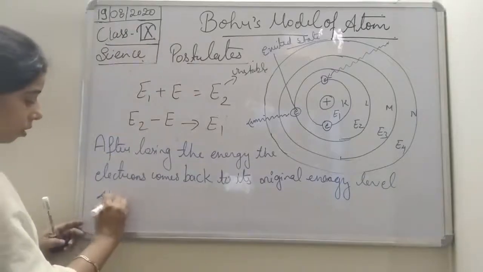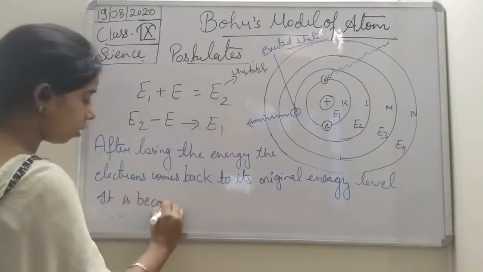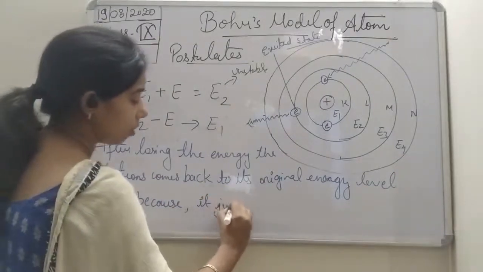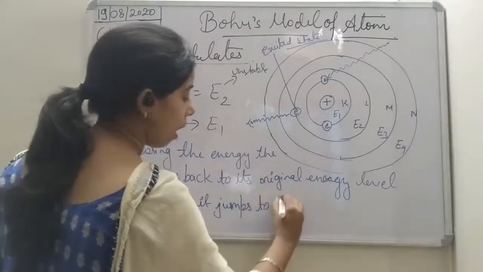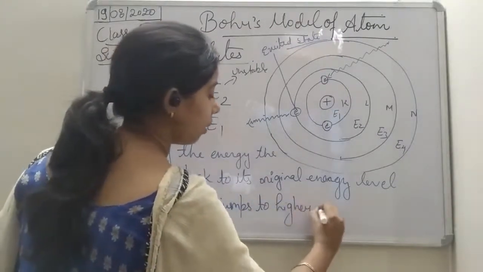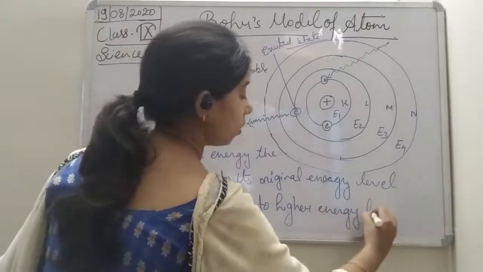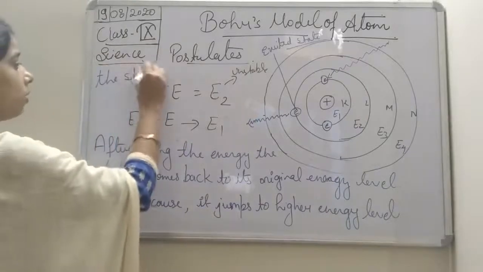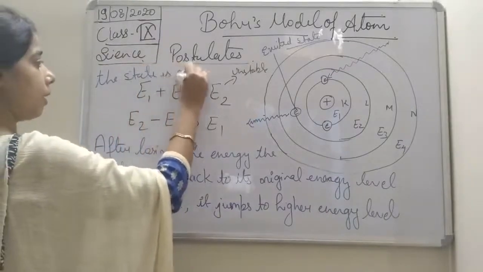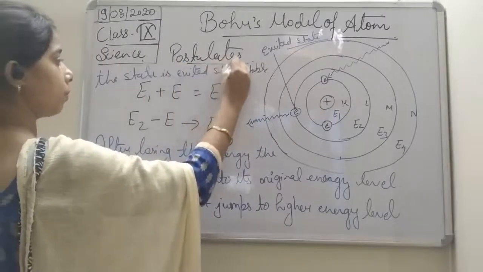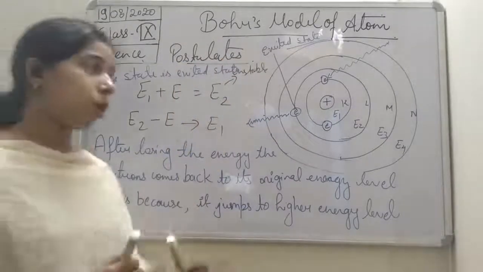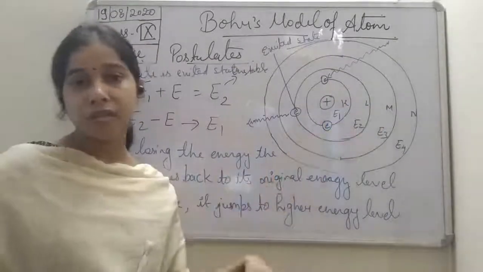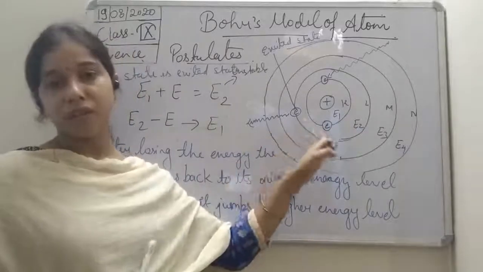It is because as it jumps to a higher energy level, the state is excited state. So when it absorbs the energy, it jumps to the higher energy level, and finally it loses energy and jumps to the lower energy level.